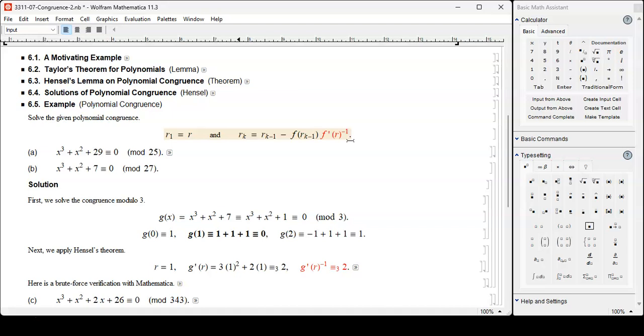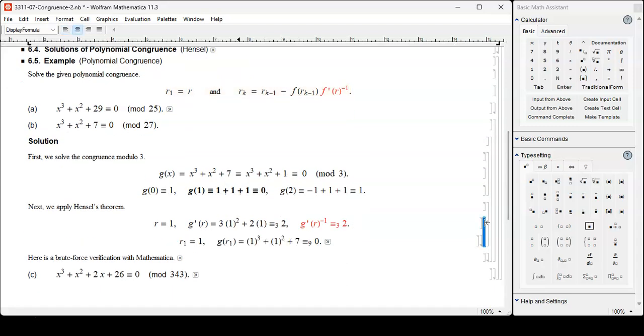And then we need some recursion as a matter of fact. We have to go to r3. So from r to r1, all right, r1 is the same as r, so that's 1. And we have to get to r2, and then we have to get to r3. Okay, so r1 is the same as r, so that's 1. And g of r1, again, do your computation. That's 0. Okay, all right.